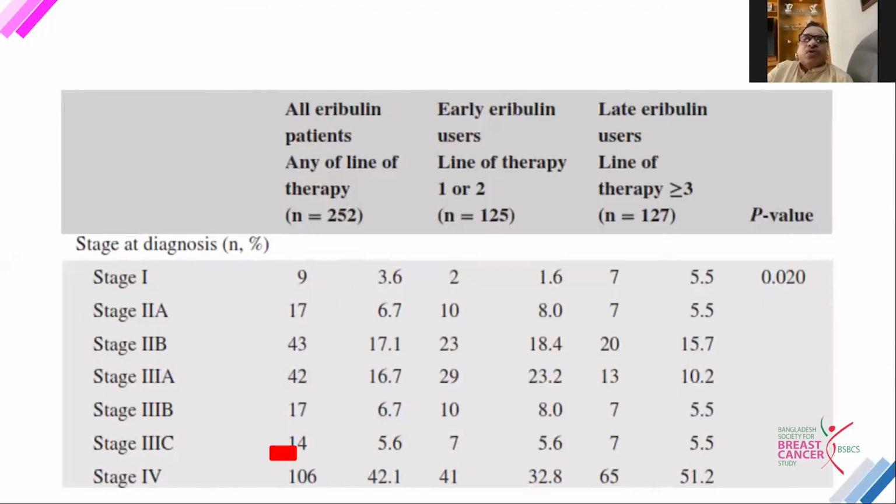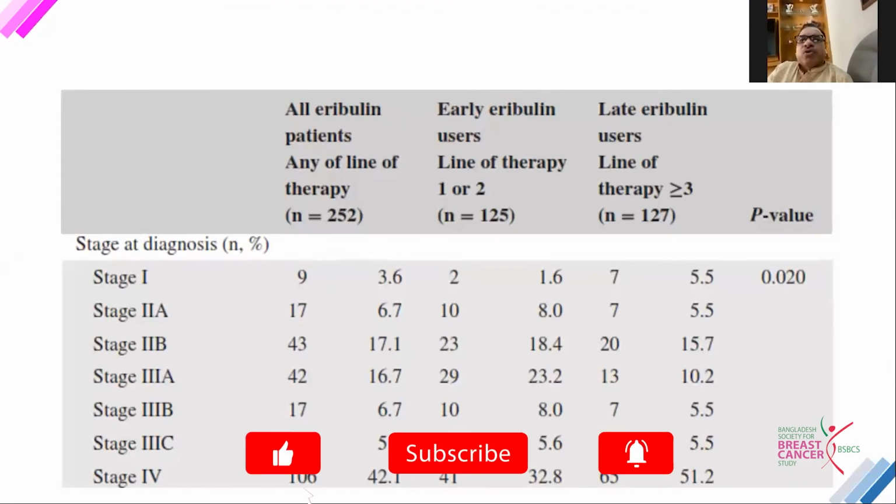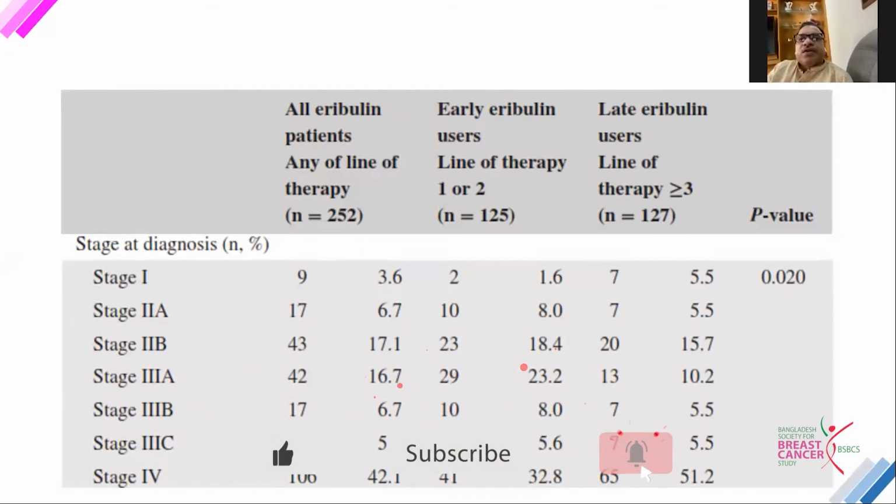So this group shows the use of eribulin in the early line of chemotherapy, after first or second line chemotherapy, and also late eribulin users, that is after more than 3 lines of chemotherapy, 4 lines of chemotherapy, and it shows different numbers of patients in the different stages of the breast cancers.